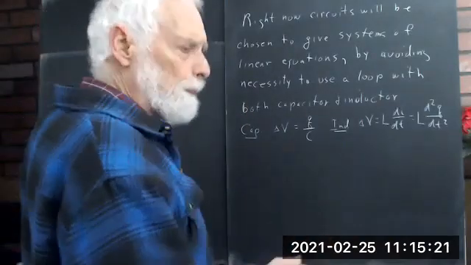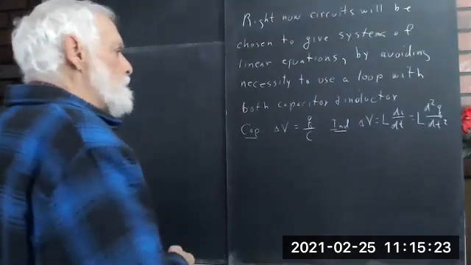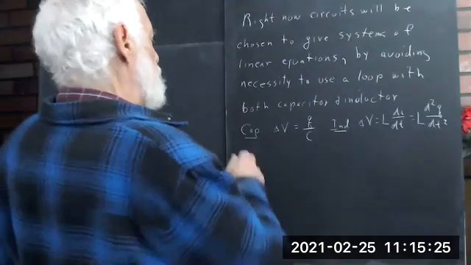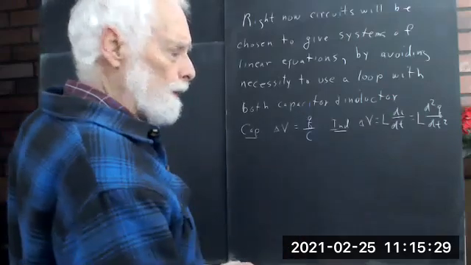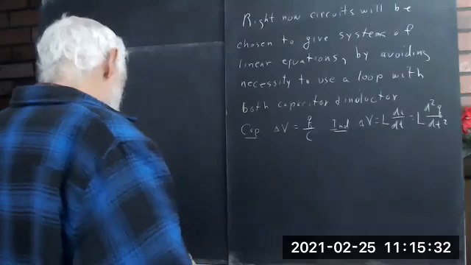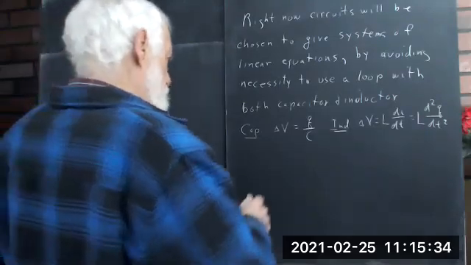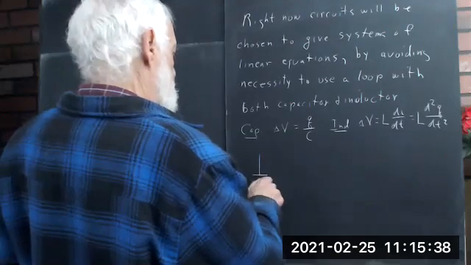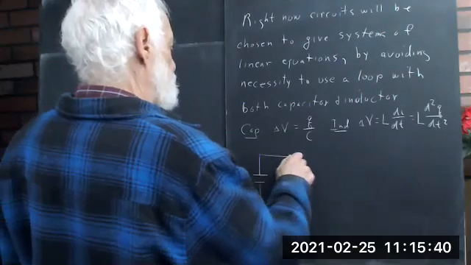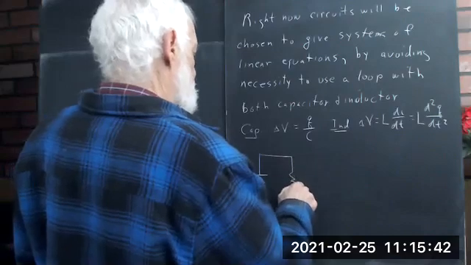Okay, now as an example of how we deal with the capacitor, instead of talking about the charge here, let's just do an example where we have a capacitance C and a resistance.